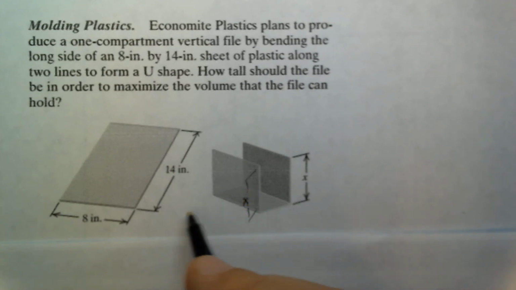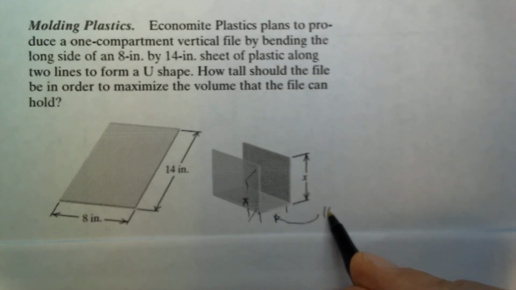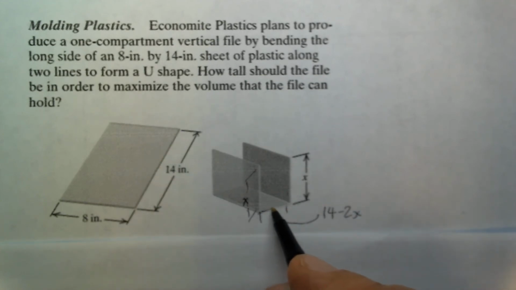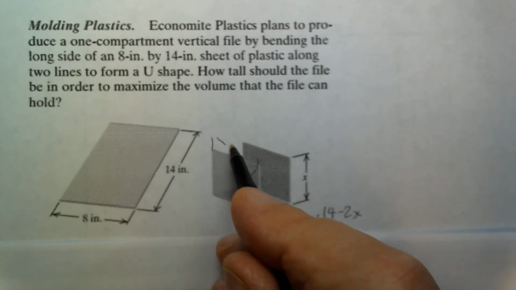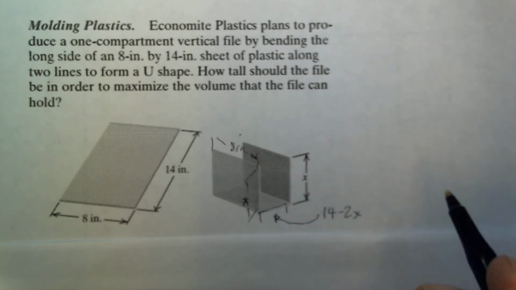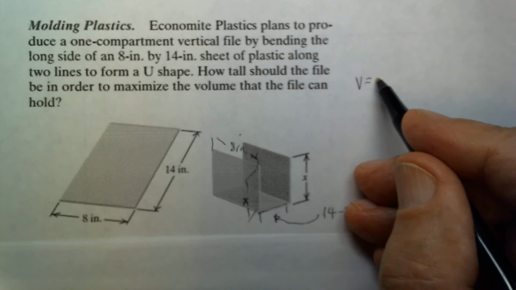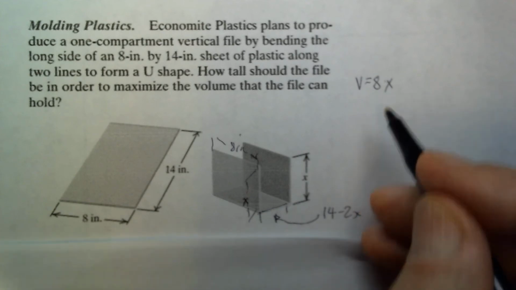And since the whole sheet is 14 inches long, this distance here is 14 minus 2x. The whole length is 14 minus x twice, so it's 14 minus 2x for the remainder here. The other thing we know is that this distance here is 8 inches. So then the volume is equal to 8, that's the length, times the height, x, times the width.